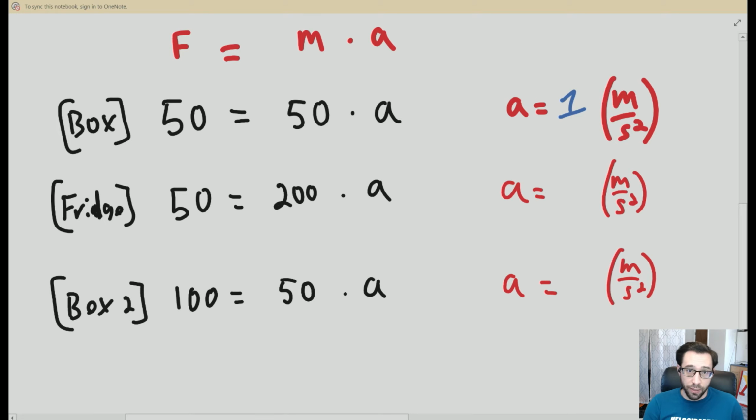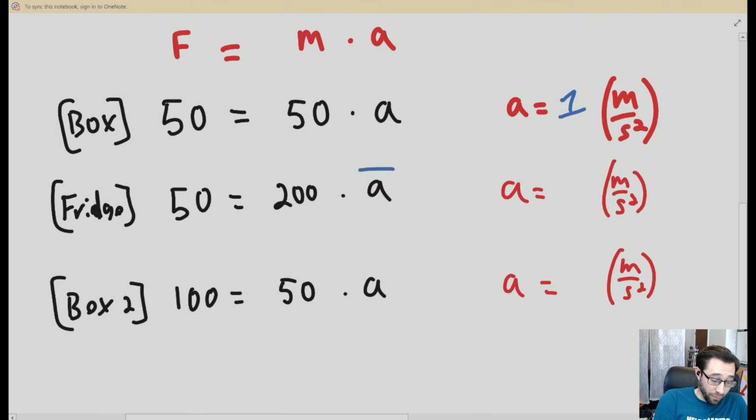So what would the value of the acceleration have to be in this situation? 200 times what equals 50? And if your brain can't do that kind of fraction, think about it like this.